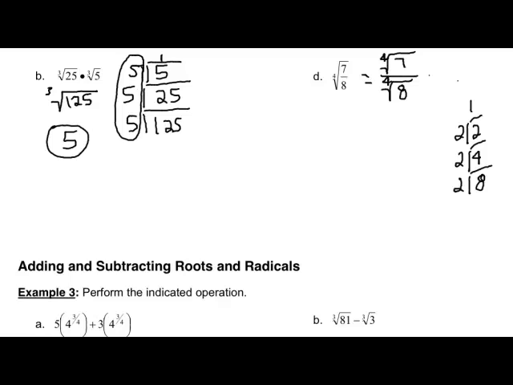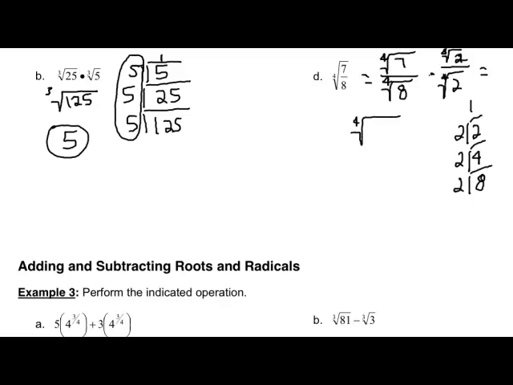So we're going to multiply this by the 4th root of 2, because again, that will give us that 4th 2. So whatever we multiply the numerator by, we also have to multiply the denominator by. So if we multiply this out, oh, there should be a 2 up there as well. So we have 7 times 2, which is 14.